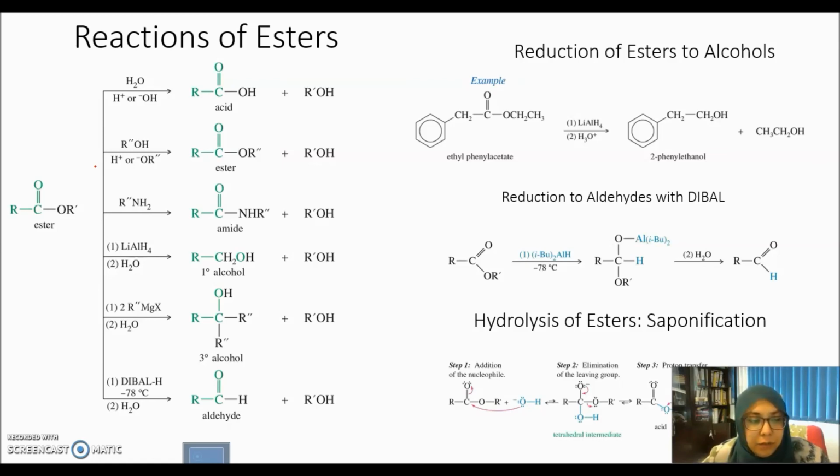However, if you just want to reduce it until aldehyde, you can use DIBAL, or I would summarize that as DIBAL. So the reaction will stop at aldehyde. And lastly, something that you already did in the experiment part, that is saponification. Essentially, you will get your carboxylate as well as the alcohol. It begins with ester.